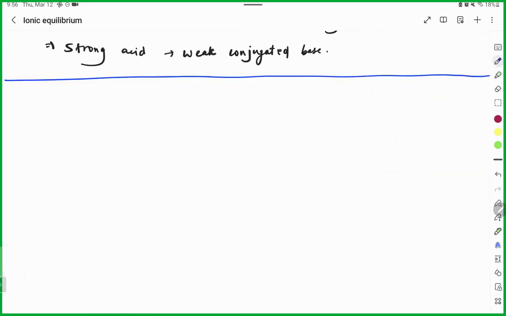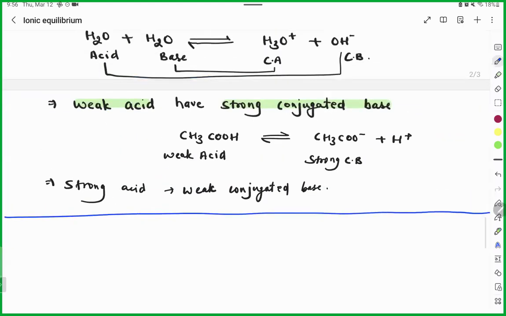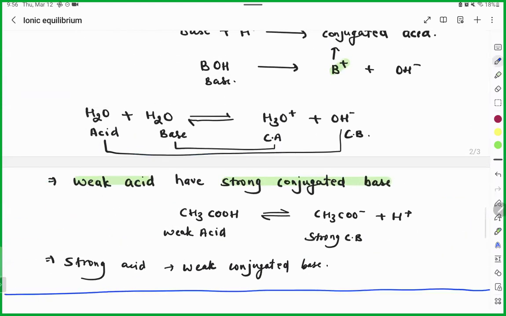I just want to copy the weak acid become strong base example. Done.